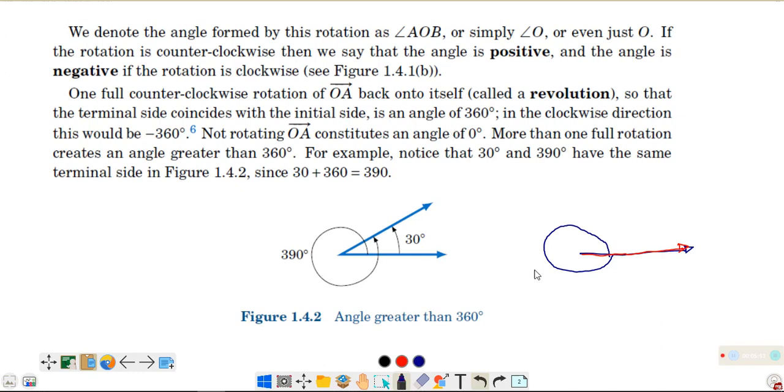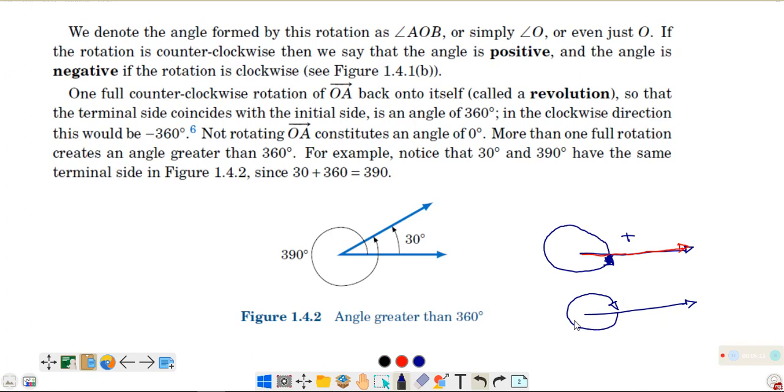Then it is equal to 360 degrees. Kung ang direction mo ay counterclockwise. Pero kung ang direction mo ay clockwise, ganito, then it is negative. So ito yung positive, nasa baba yung arrow natin. Kasi pag ganito yung ikot niya, counterclockwise.